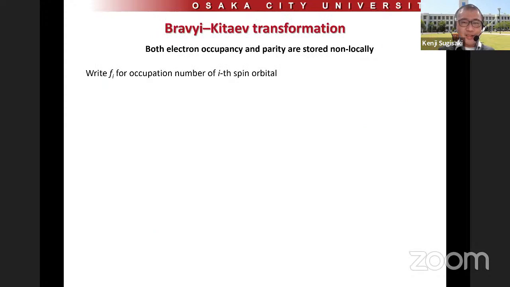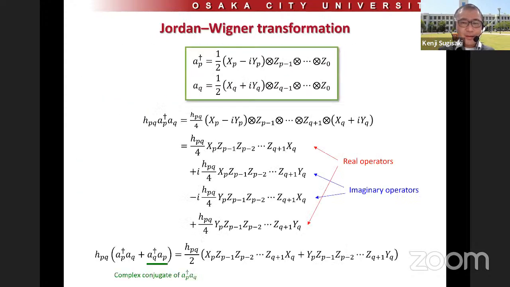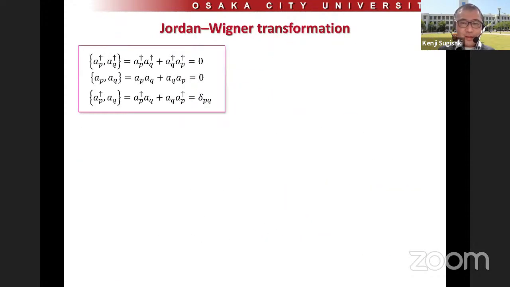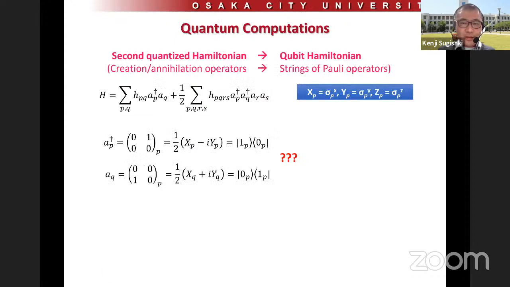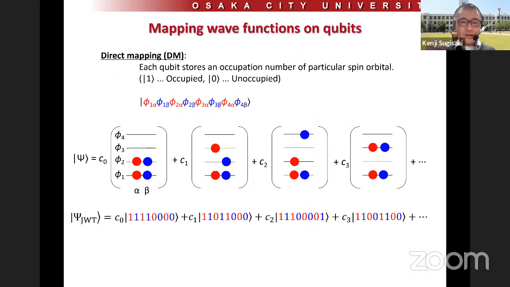In the Jordan-Wigner case, each qubit represents the occupation number. So in the hydrogen molecule in the STO-3G basis set, there are 2 molecular orbitals, so 4 spin orbitals, and 2 electrons.